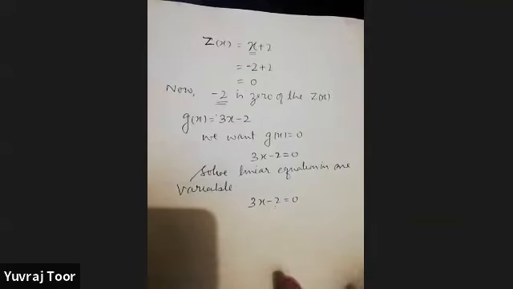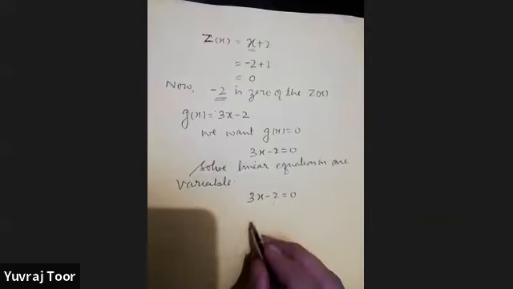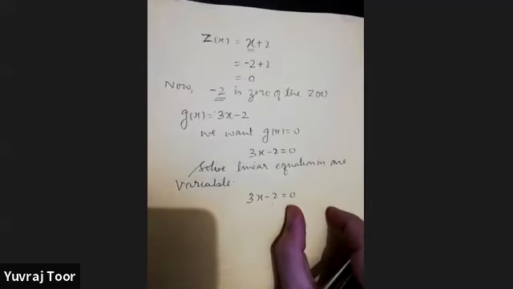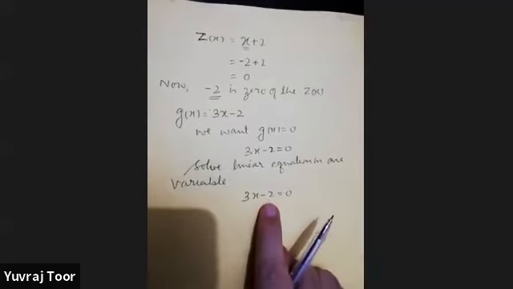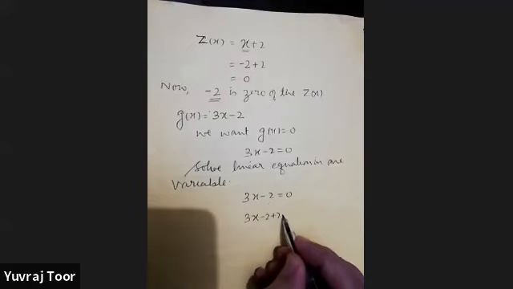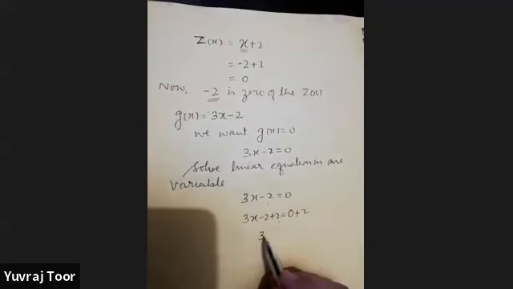This is one way you'll deal with the equations. But there's another way: whatever you're doing on the left side, you can do on the other side also. If you want to get rid of this 2, you can add 2 on both sides. In this way, you get rid of 2 and you're left with 3x equals 2.